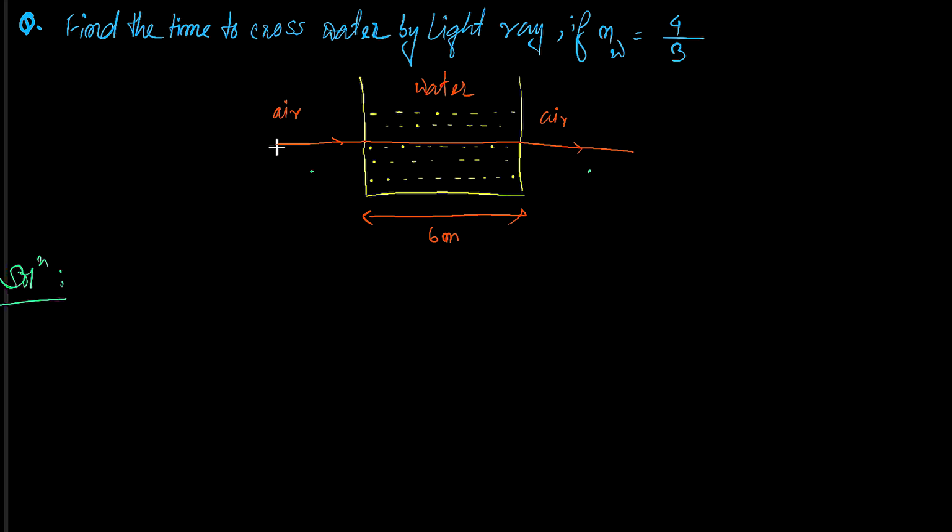The velocity of light in air will be constant here and also here. But once it enters the water medium, its velocity is going to decrease. So light traveling through water is going to take a different amount of time than through air, because water has a high density of particles compared to air.